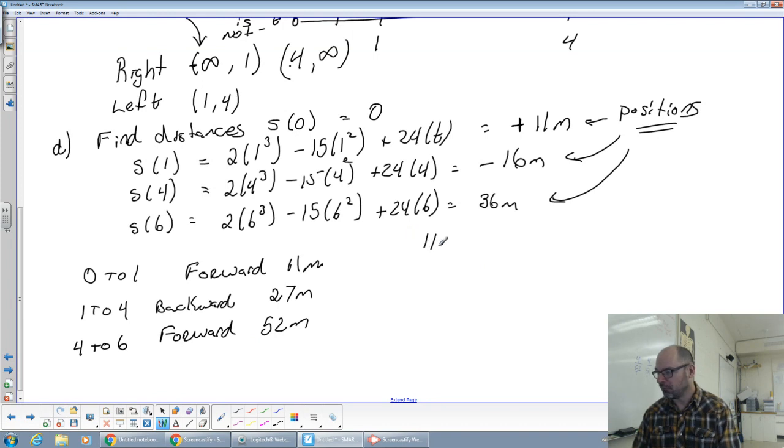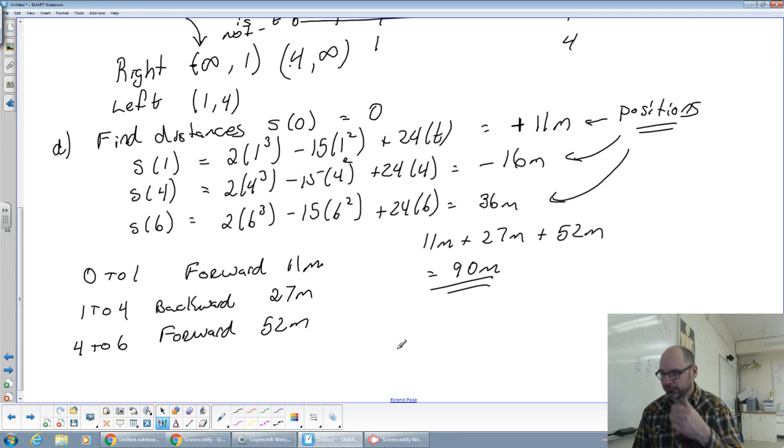So 11 meters plus 27 meters backwards plus 52 meters forward. So this is the total distance you drove, looks like 90 meters. Okay. So this gives us our position. This gives us how much distance we drove to get to each position. Okay, so that's a little bit of a tricky one there.